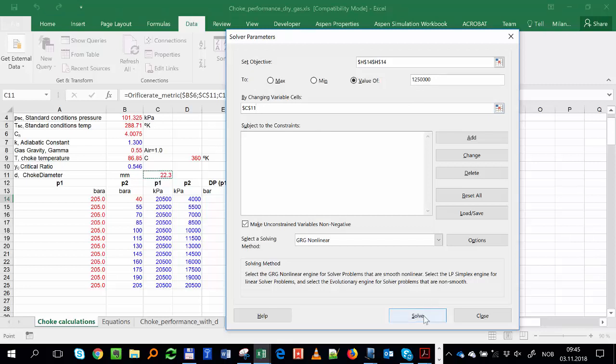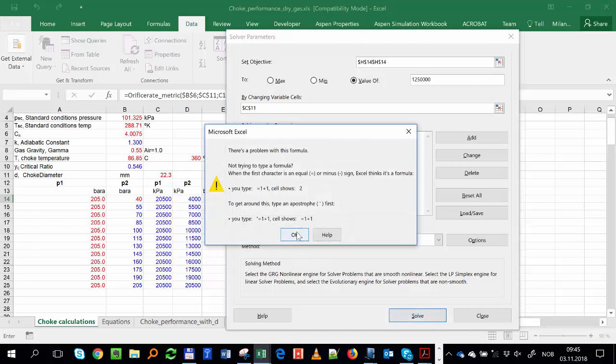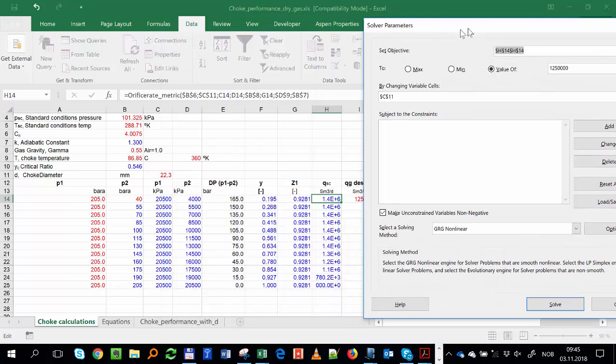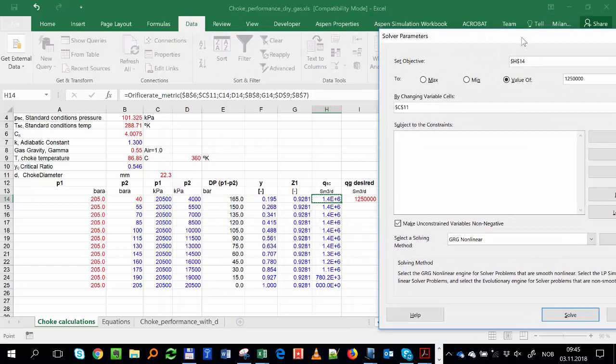And let's see if it works. I'm not sure. Okay, here I should drive this one.